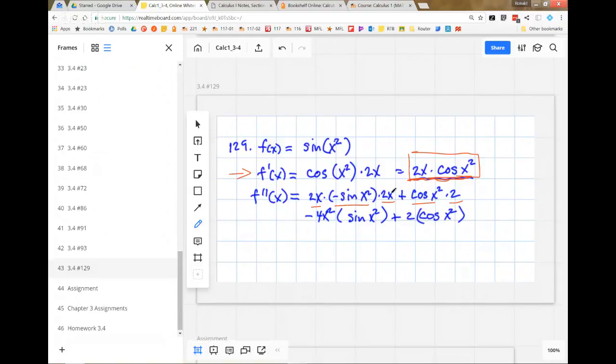Then on this first one, you've got 2x on the front and the back. That comes out to 4x squared. The negative came from the sine. And that's really about as far as you can go. Anyway, in that section at the end, you're supposed to find the second derivative.